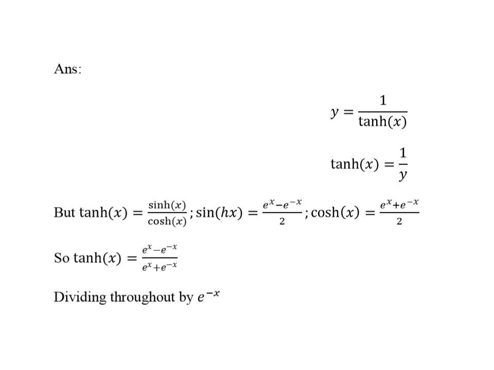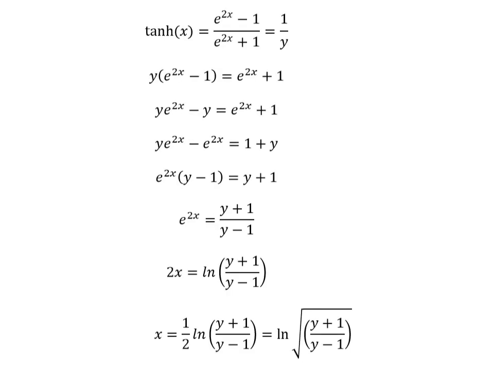Substituting the relations for sinh x and cosh x, we get tanh x is equal to e raised to x minus e raised to minus x divided by e raised to x plus e raised to minus x. Dividing throughout by e raised to minus x, we get e raised to 2x minus 1 divided by e raised to 2x plus 1 equal to 1 by y.